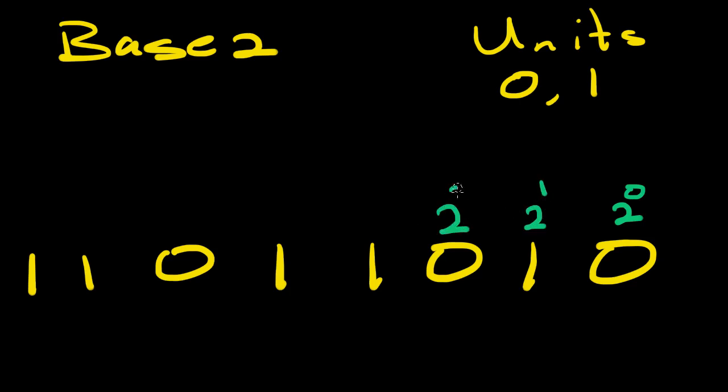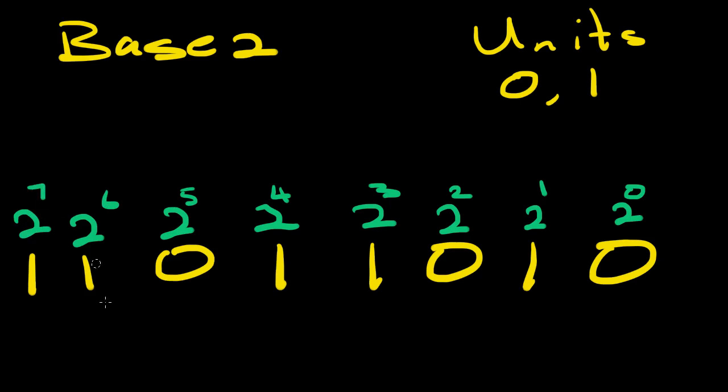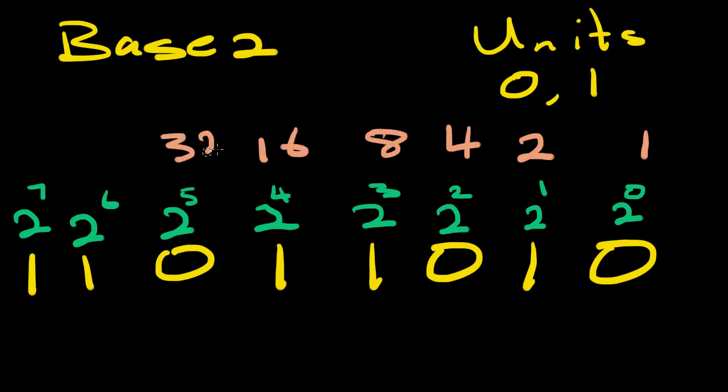This is 2 squared, 2 to the power of 3, 2 to the power of 4, 2 to the 5, 2 to the 6, 2 to the 7. The values we're looking at here are 1, 2, 4, 8, 16, 32, 64, 128.